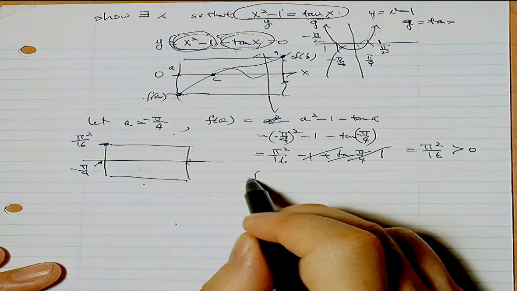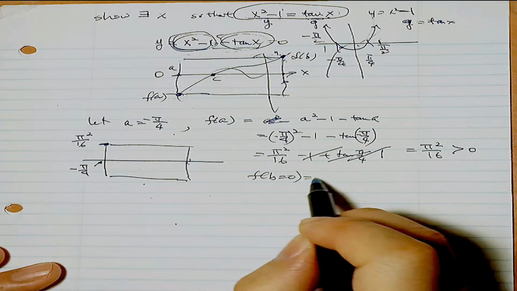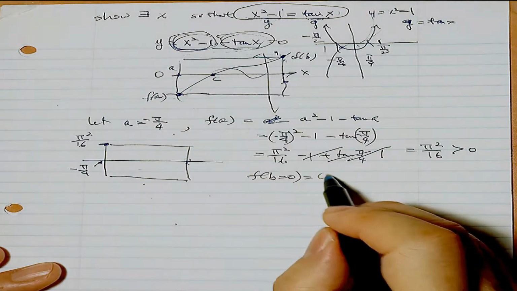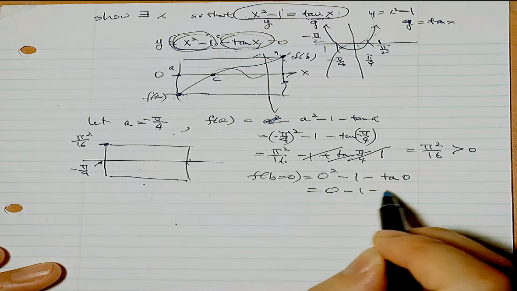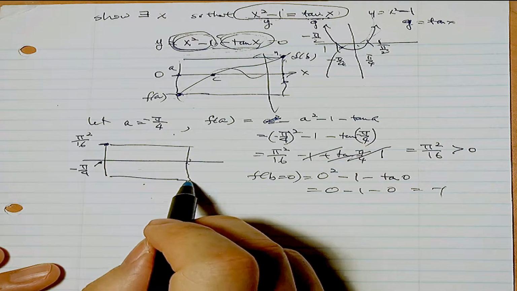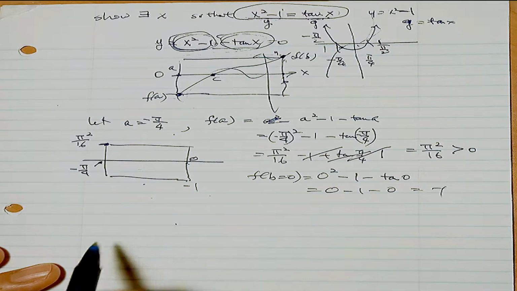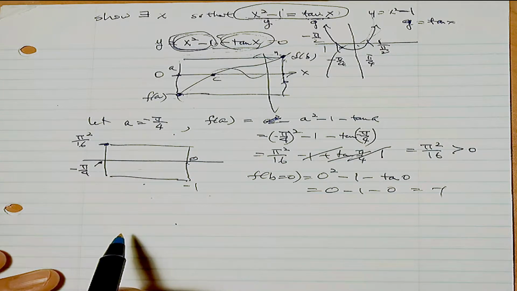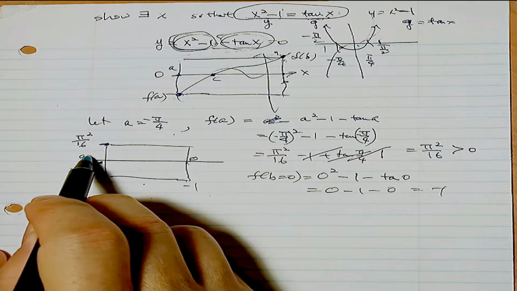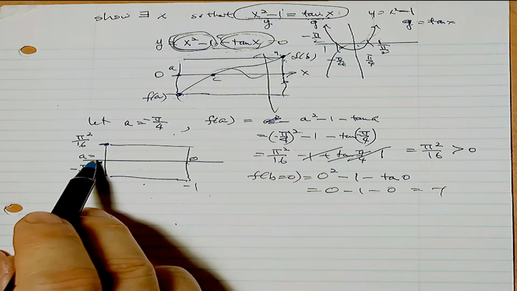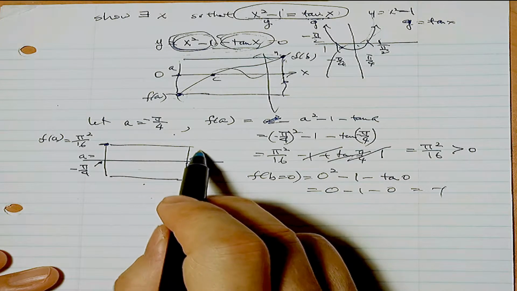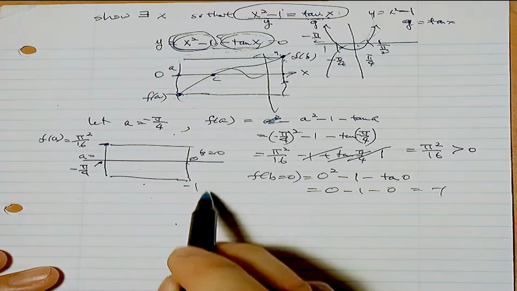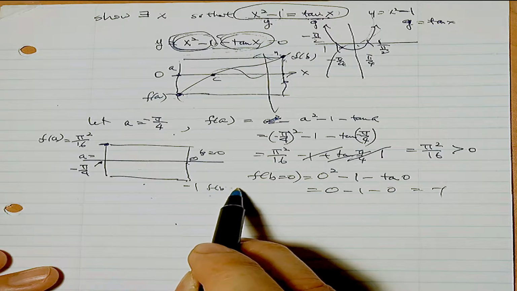So for example, f of b, where b is 0, don't I get 0 squared minus 1 minus tangent 0? That's 0 minus 1 minus 0, which is negative 1. So if this was 0, this is negative 1. So I just found an a, which is negative pi by 4, whose f of a is a positive number. And I found a b, which is 0, and f of b, which is negative 1.